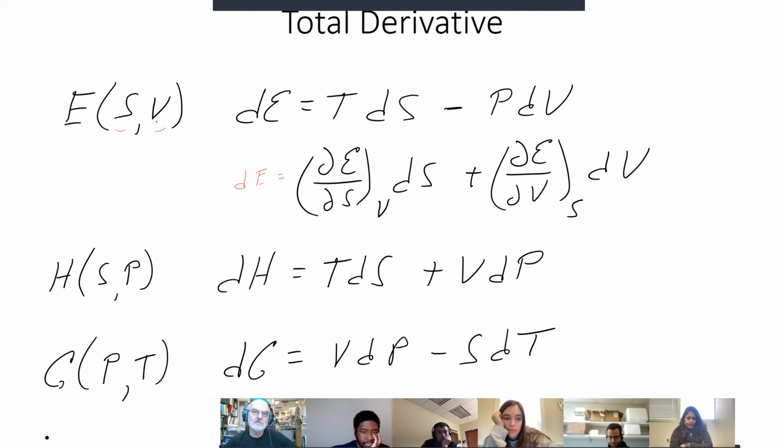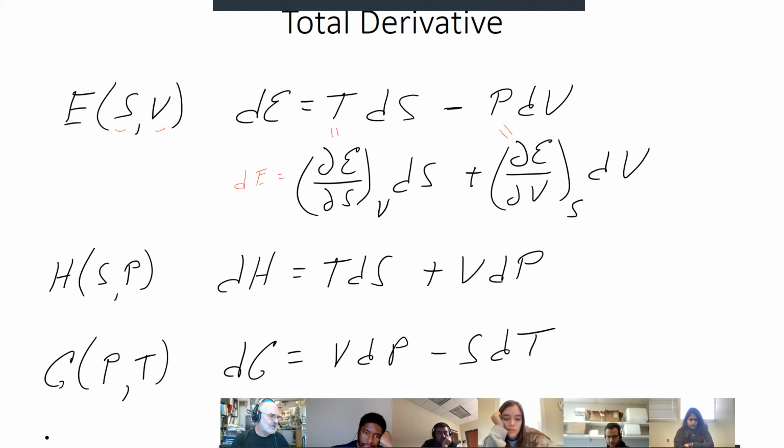In that previous derivation, we ended up with the equation dE is equal to T dS minus P dV. So necessarily, this derivative is equal to T, and this derivative is equal to minus P. Okay, so we can write down the total derivative, and then we can actually solve very often for what that total derivative is equal to.